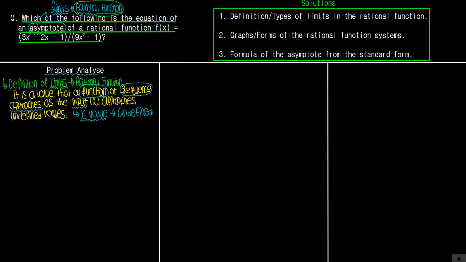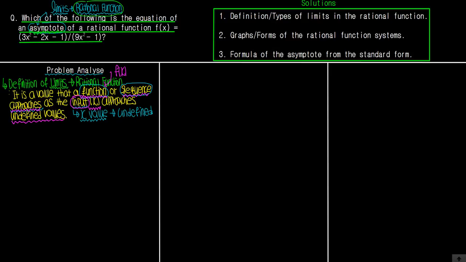So this is what the definition of limits means. It is a value that a function approaches. We can notate a function as f of x, and a sequence is a set of numbers. The reason we write the input as the x value is that input is what generates the sequence and the function. The x value approaches the undefined values.